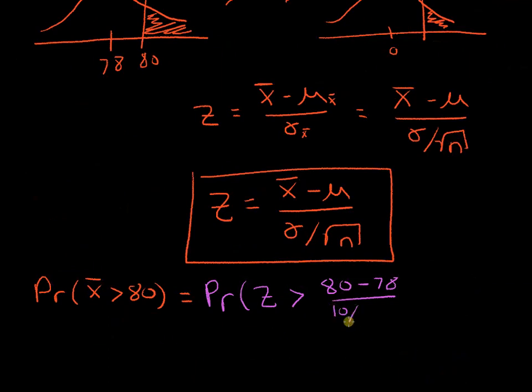Square root of n, square root of 36. Okay, so now I just need to calculate this, and I can look at my table. All right, so let's do it. Z is greater than, so this is 2 over 10 divided by 6.